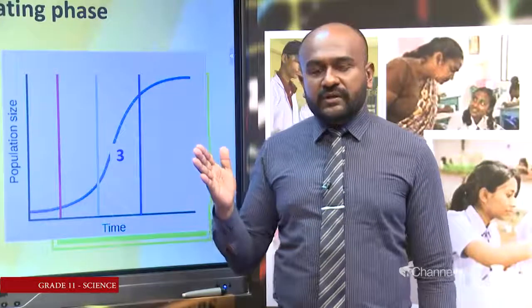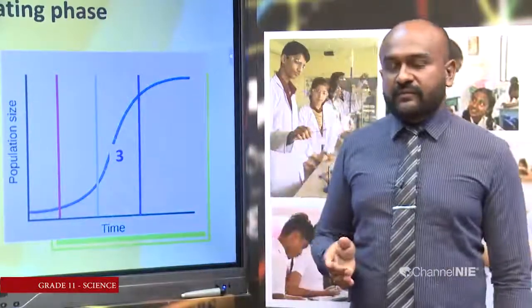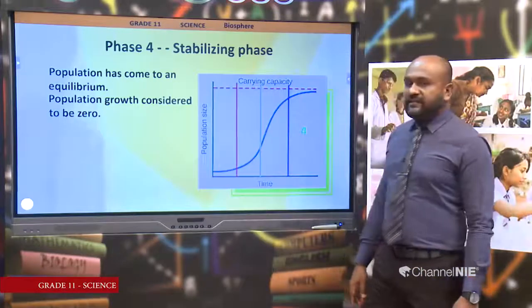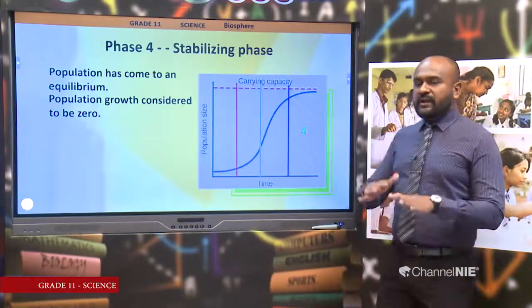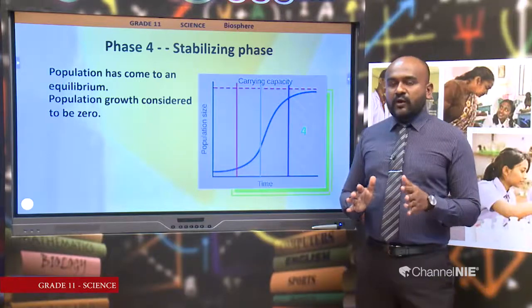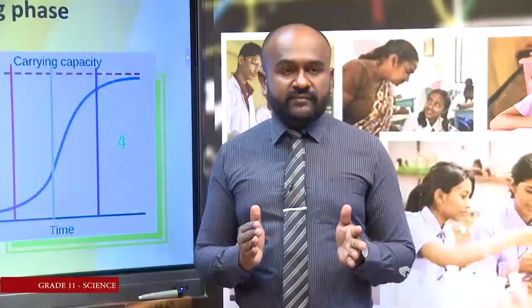Now, we come to the last phase that we see in the typical growth curve. Yeah, stabilizing phase. Now, the number of organisms stays constant. Now, it has come to the carrying capacity of the environment.